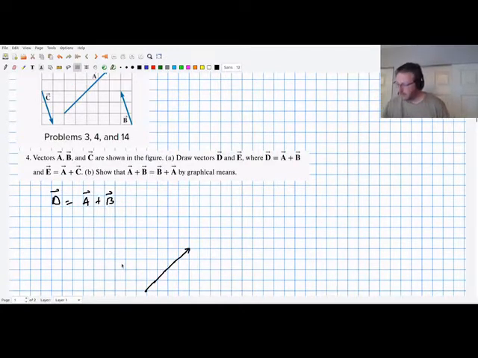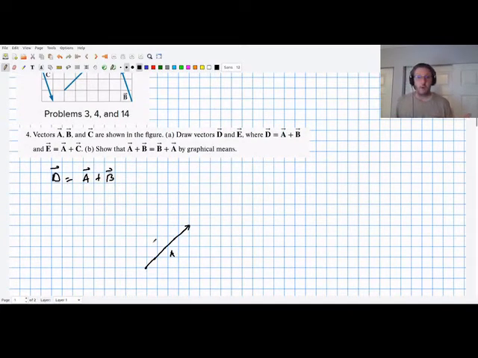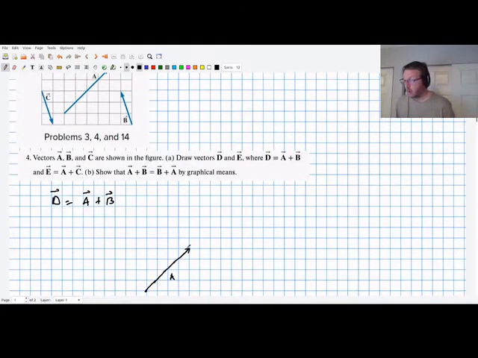So there's vector A, and I'm going to add to it B. Basically this vector is saying I've walked some distance diagonally, which is equivalent to having gone to the right by 4 and up by 4. So now I'm going to go up by 3, 1, 2, 3, and then left by 1, right there. That's vector B.